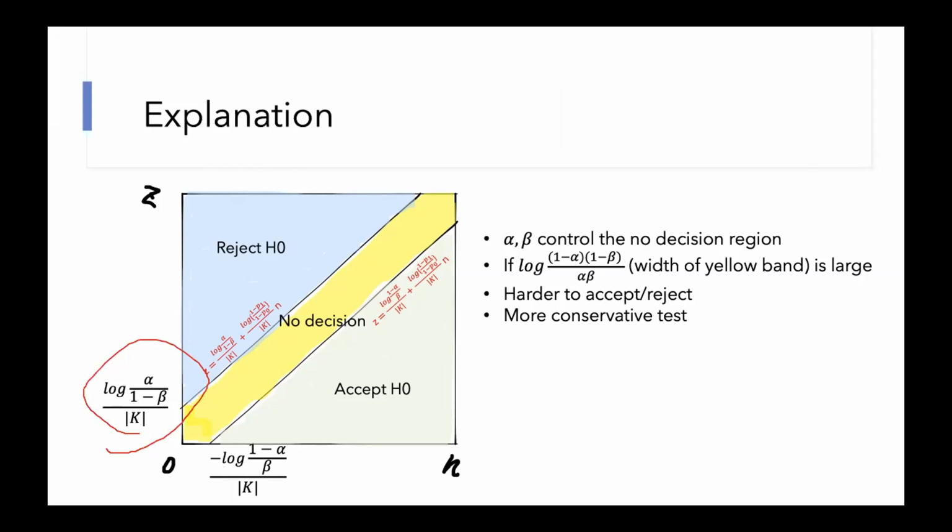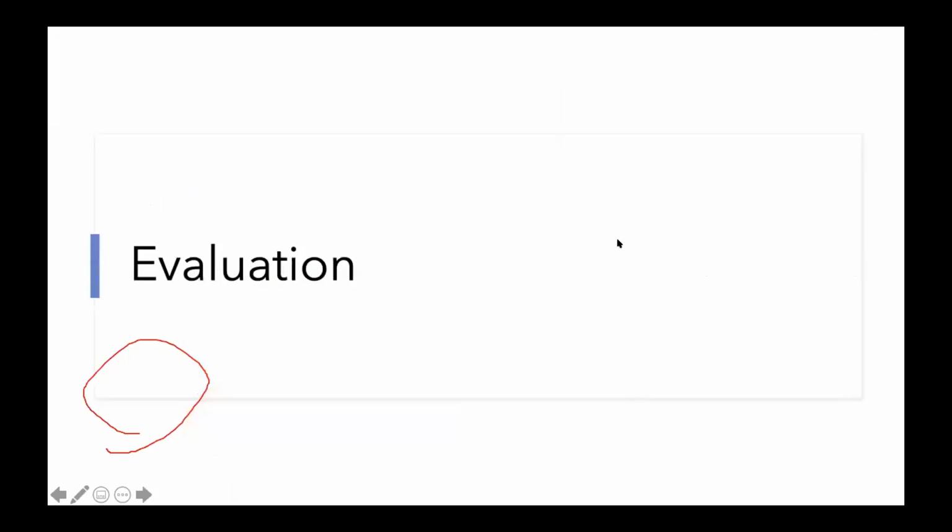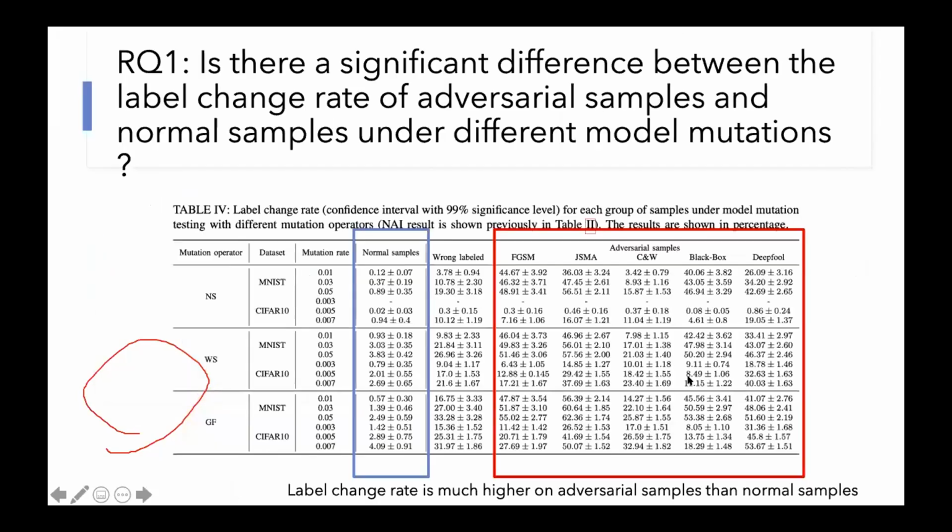Okay, please go on. So, okay, let's go through the evaluation part. Let me answer your question. It first validates the assumption of whether there is a significant difference between the label change rate of adversarial and normal samples.